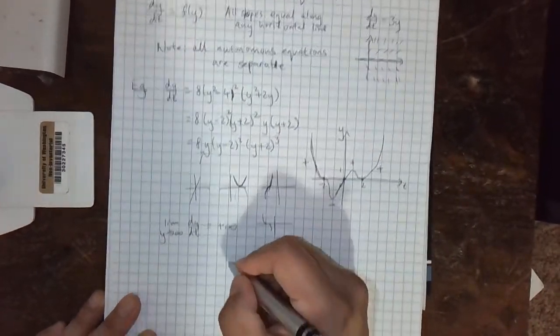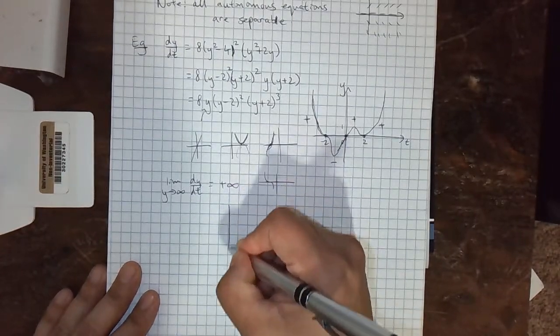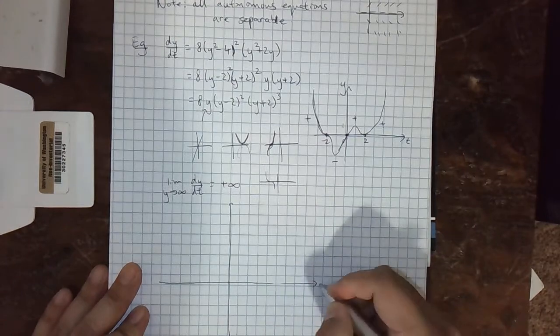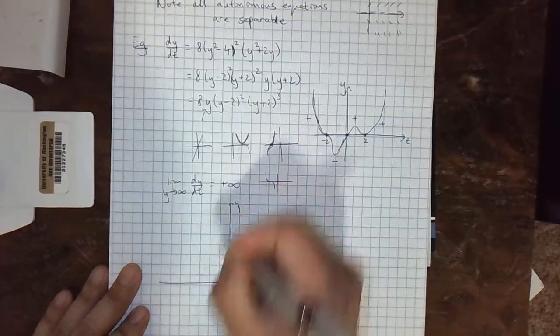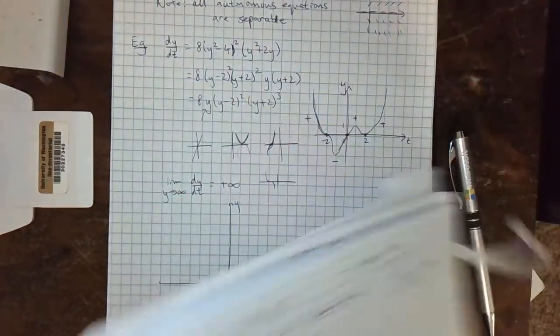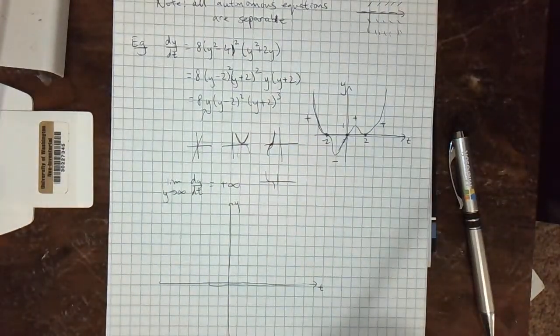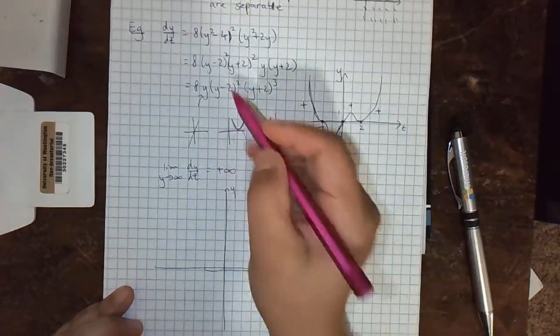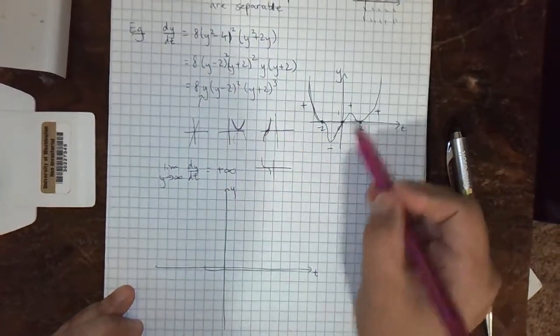Okay, now let's see if we can sketch the slope field. So we have t, y, pretend that's on graph paper. Okay, and then we're going to get some colors. So we have slope of 0 at 0, 2, and negative 2.